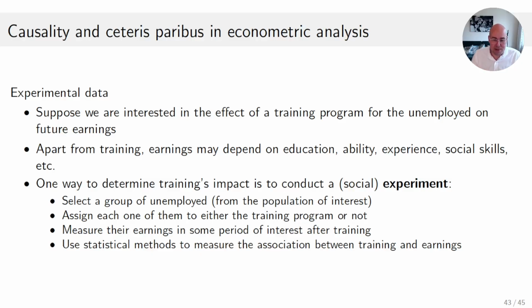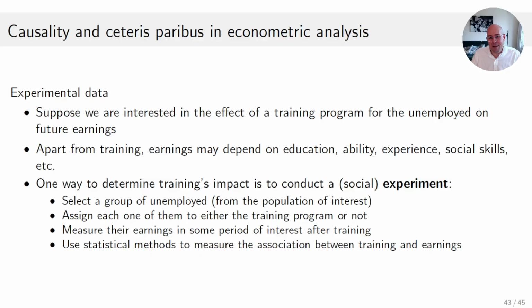So we would like to select a group of unemployed from the population of interest, and then assign each one of them to either the training program or not, and then measure their earnings in some period of interest after training, some years later, right? Did the program do something to their earnings 5 years later? And we would think of these earnings as being higher when they're more productive, or when they're more likely to actually work and have a good job.